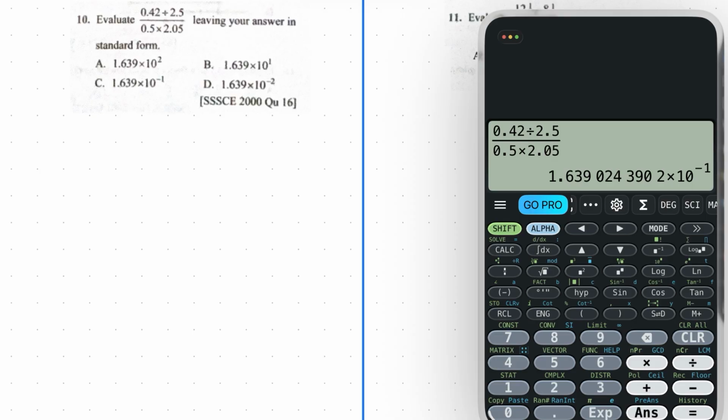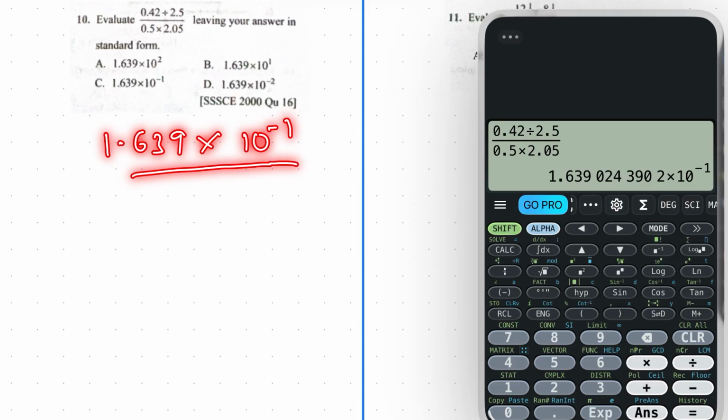It says 1.63924 times 10 to the power negative 1, right? So let's write that down and stop at the third decimal. We have 1.639 times 10 to the power negative 1.